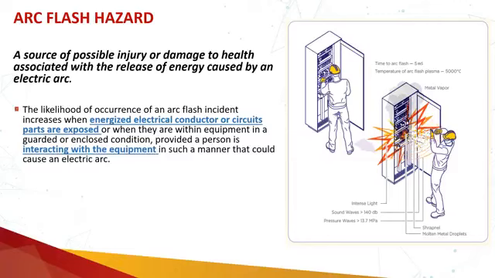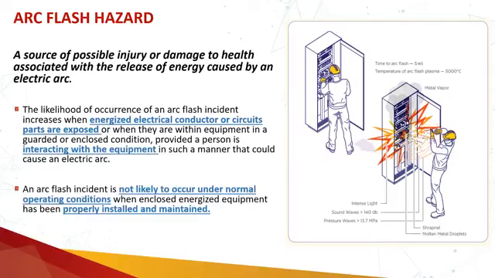So the likelihood of occurrence is there when I'm interacting with electric conductors or circuit parts, even if they are enclosed. If they are enclosed and I'm not interacting, there is still a chance of flashover due to equipment failure, but that does not come under the jurisdiction of NFPA 70E, because you are not interacting with that particular equipment.